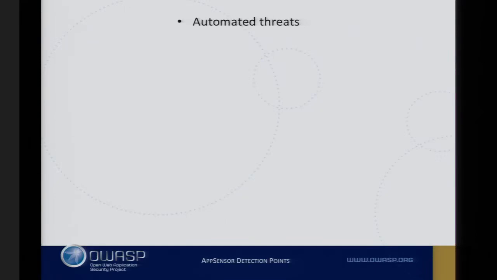In OWASP AppSensor, one of the ideas is to put detection points in which identify the intent of a user as malicious before they manage to do something very bad. So generally, it's trying to look for people who are perhaps hunting for vulnerabilities you may or may not be aware of, probably not aware of, and trying to detect them before they can actually find vulnerabilities and exploit them.